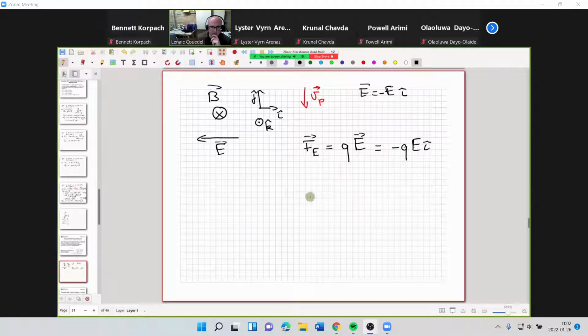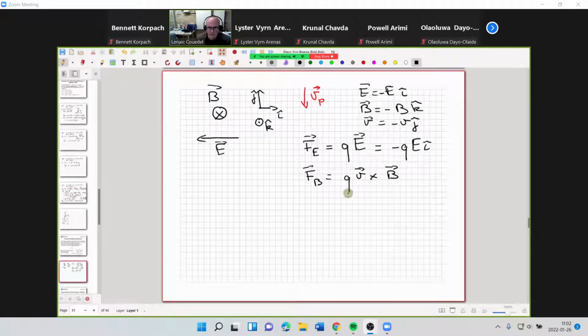So now let's write the magnetic force. The magnetic force, Fb, equals Q V cross B. Our magnetic field B is minus B K hat, and the velocity is minus V J hat.